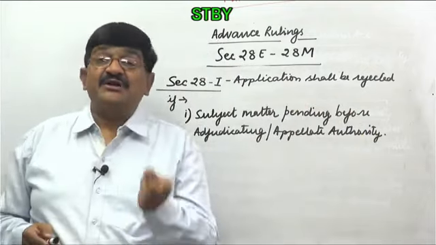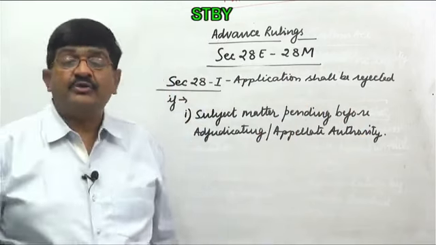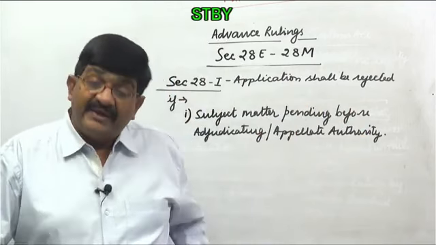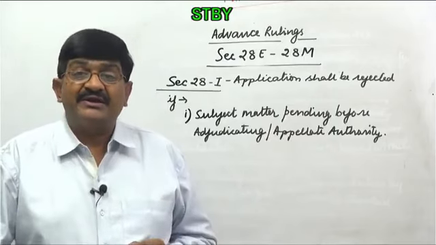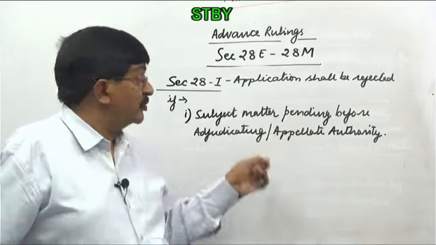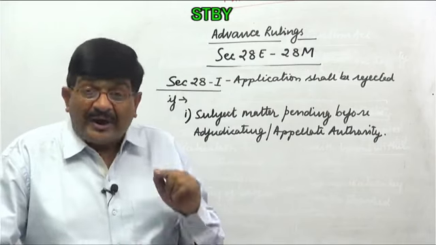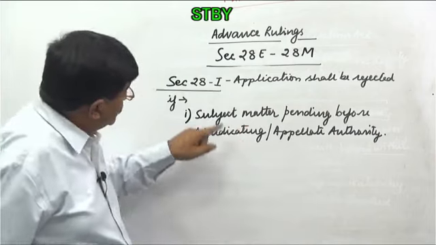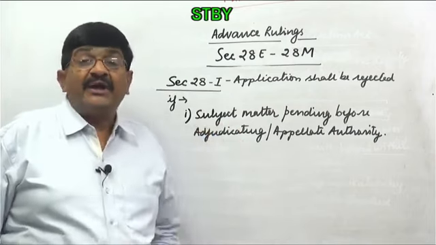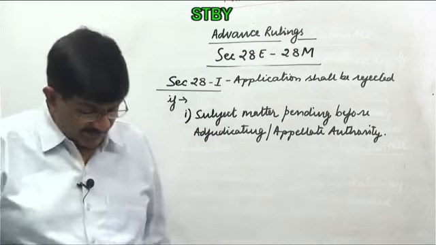So the same subject, same applicant, that is pending before the adjudicating authority or the appellate authority. It means the taxable event has already taken place. That's why the adjudicating authority has taken a decision, or it has passed an order and the matter has gone to appeal. While advance ruling is before the taxable event takes place. So this is one situation where the application has to be rejected by the authority.